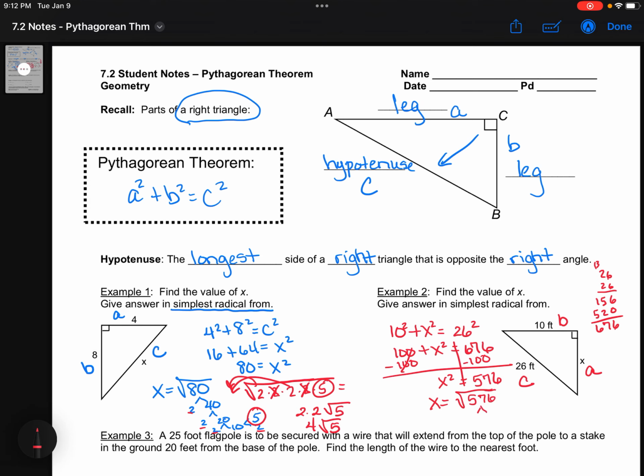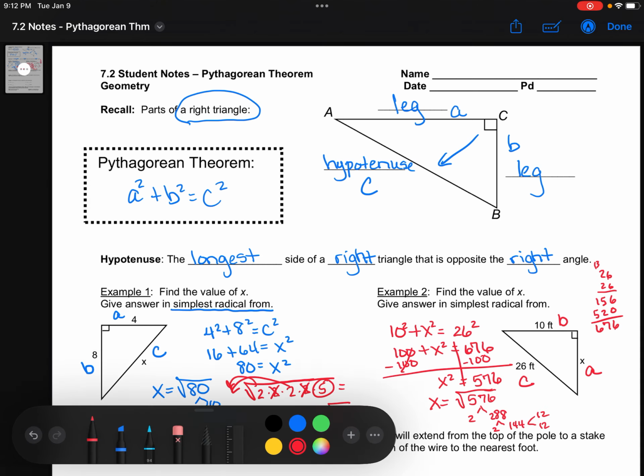Well, I know 2 goes in, and that would be 288. And that would be 144, which would be 12 times 12.